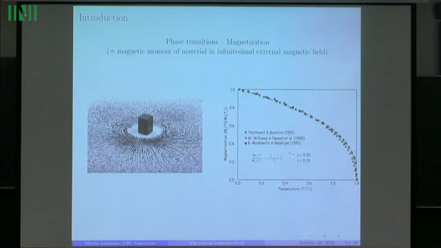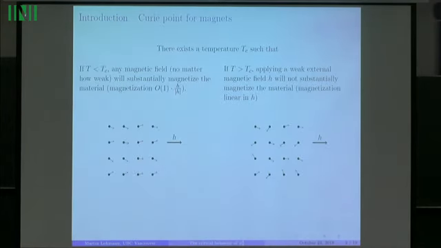Now there are some models you could write down for how these atoms interact with each other. But maybe I first want to talk about the microscopic models. So you could think about these atoms sitting at a certain location, and they have a certain magnetic moment. If your temperature is small and you apply a weak magnetic field, H, then all these magnetic moments will align in a certain way.